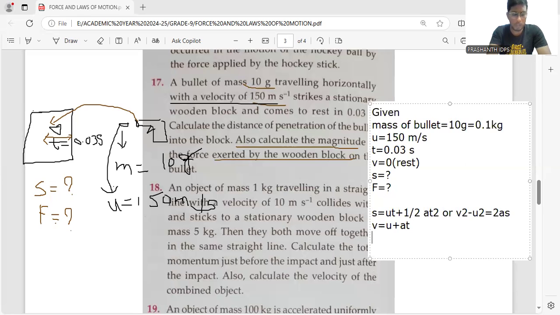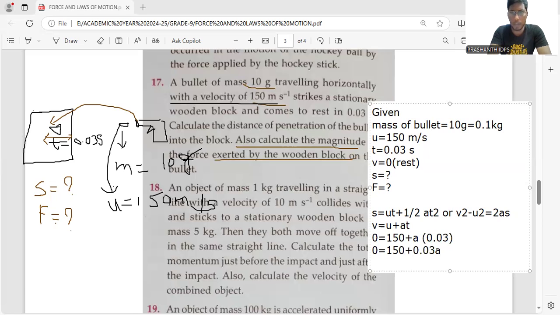So what is the v value? 0 is equal to u, which is 150, plus a times time, 0.03. We do not know the a value, we need to find it. So 0 is equal to 150 plus 0.03a.